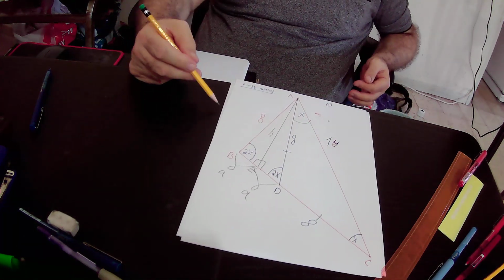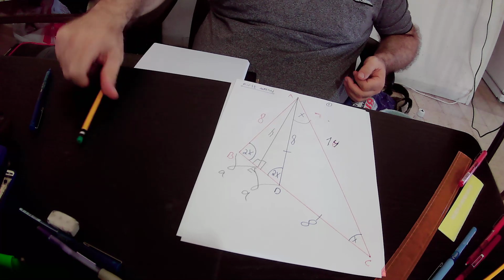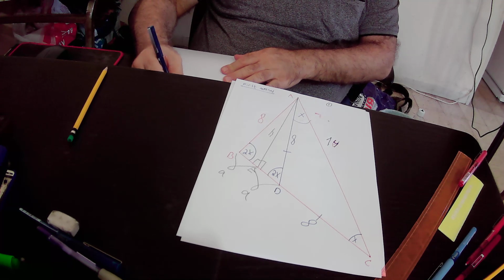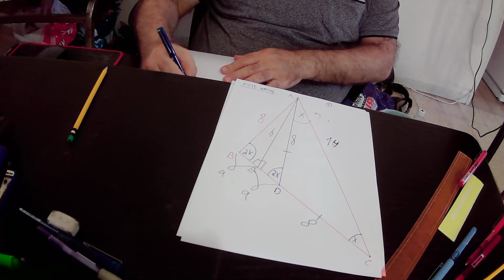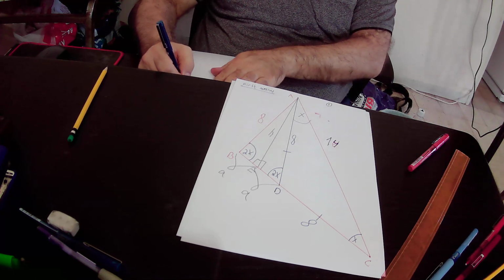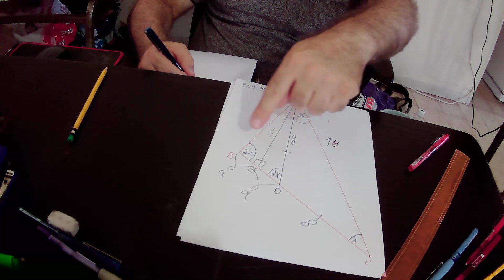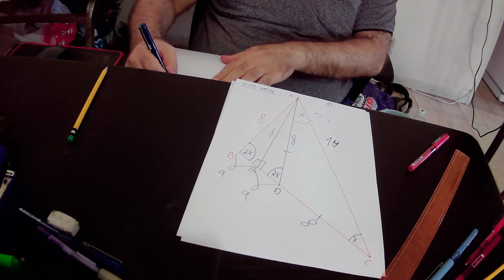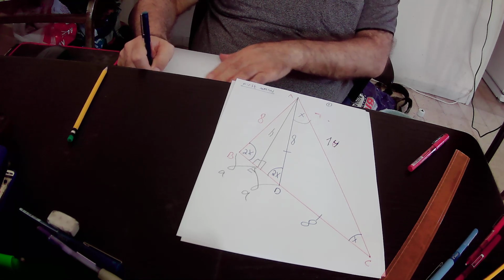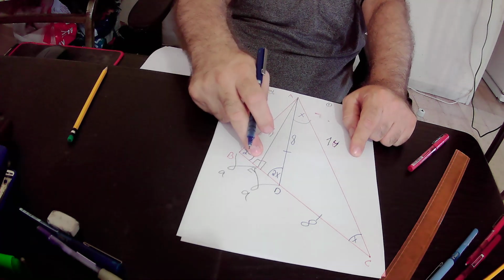Okay, so if we relate to triangle ABD, in triangle ABD we have angle AEB equals 90 degrees, because AE is perpendicular to BD, therefore this angle is 90 degrees.